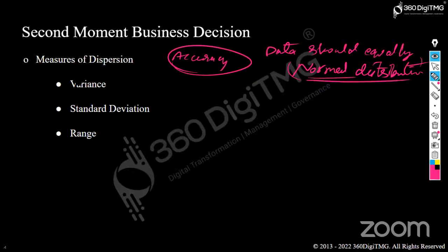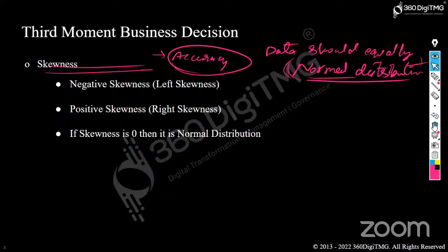This tells you whether the data is normally distributed or not, which in turn affects the accuracy.